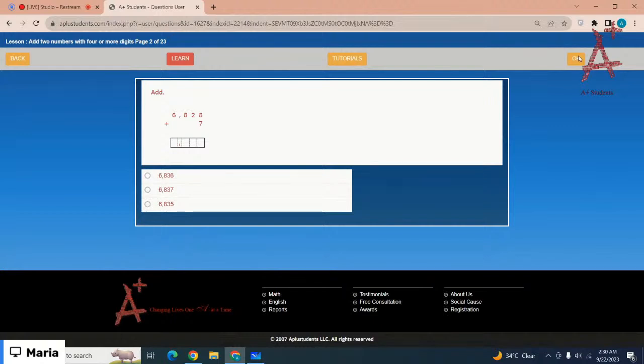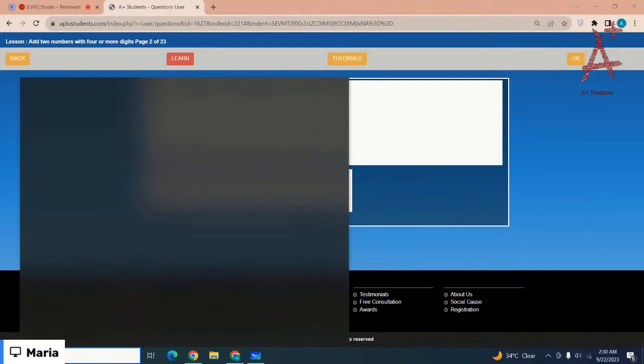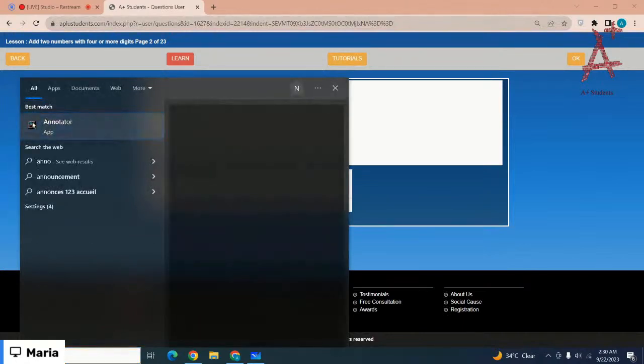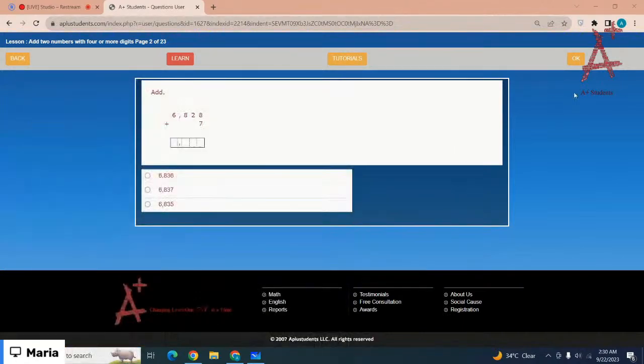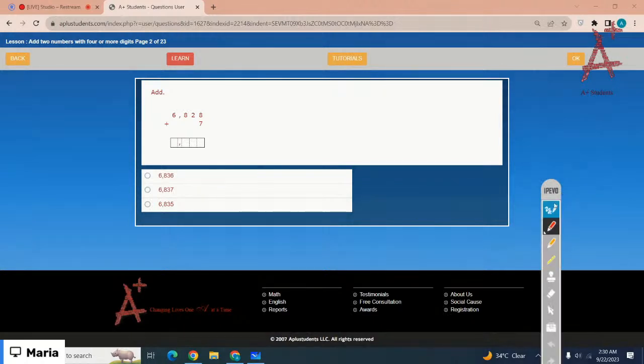Let's just do it on the board because no one is answering. I think you all are sleeping. Yes, that would be option number C. Very, very good. Option number C is the correct option.